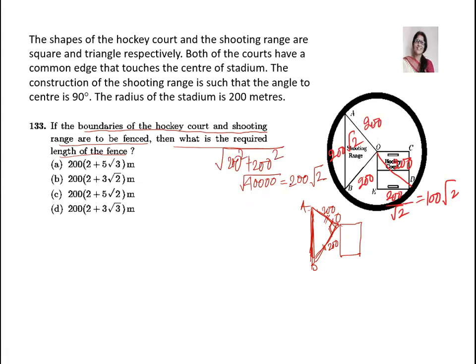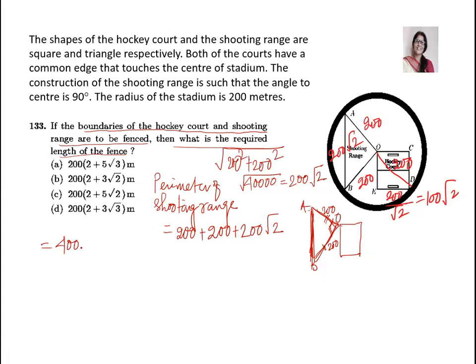So what is the perimeter? The perimeter of the shooting range is equal to 200 plus 200 plus 200 root 2, which is 400 plus 200 root 2 meter.